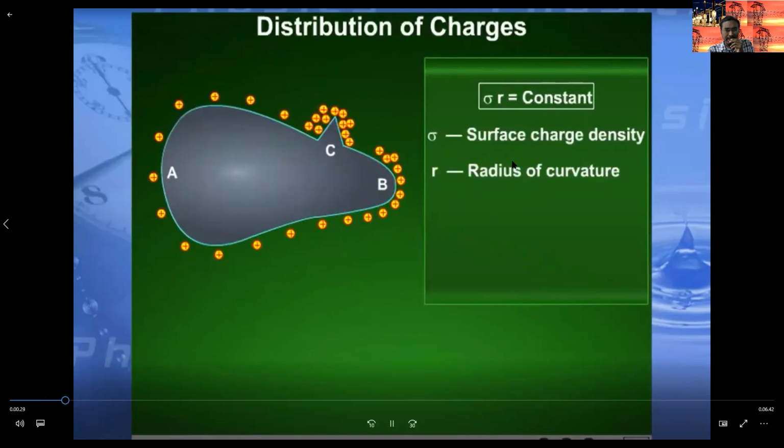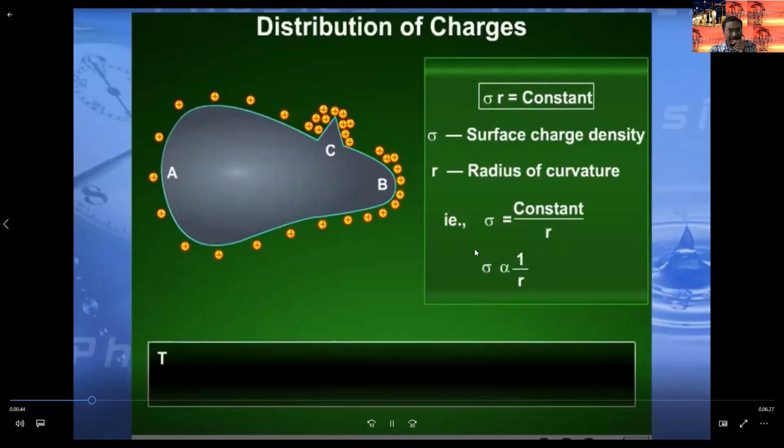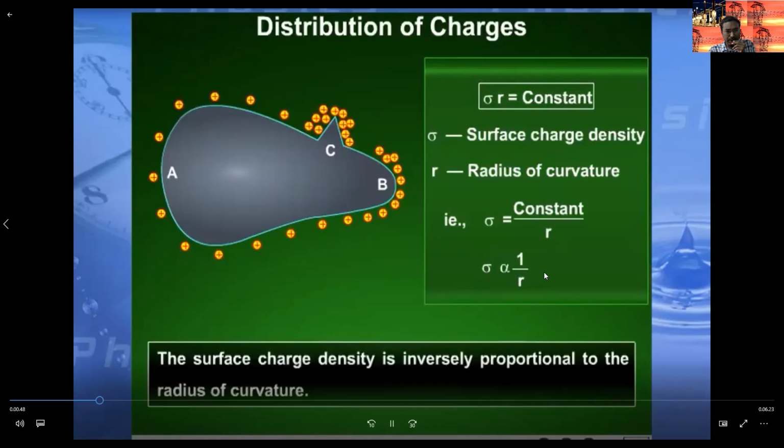From this equation, we can rewrite sigma equals constant by r. Sigma is inversely proportional to r. From this equation, we can infer that the surface charge density is inversely proportional to the radius of curvature.